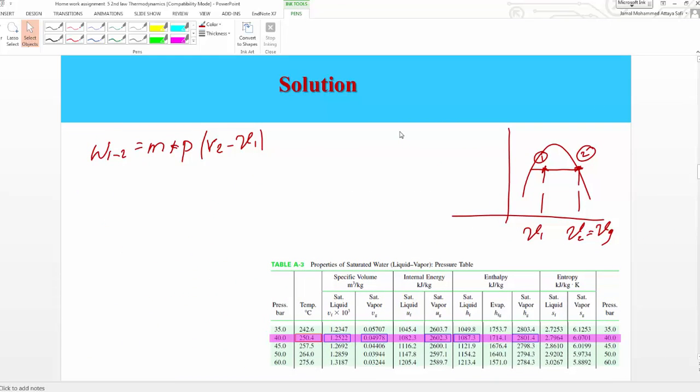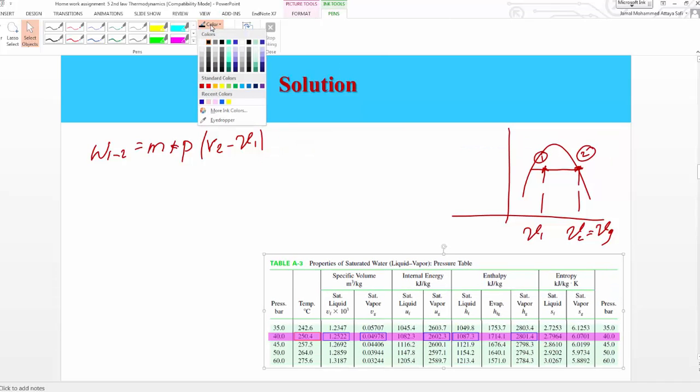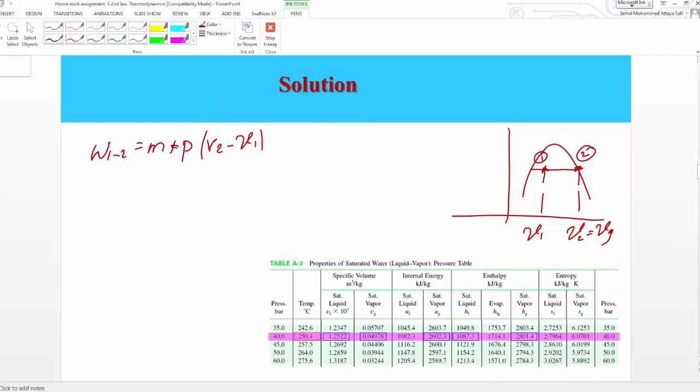And you can see that Vg is already here. And V1, how can I find V1? V1 I already calculated, so V1 is equal to 0.00851, and V2 is actually Vg at 40 bar. So I read it directly from the table, it's here.